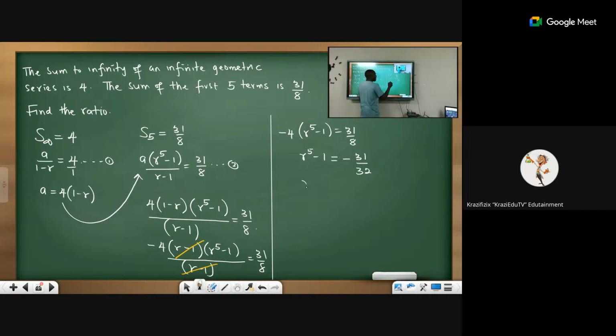Now, can I move the 1 over? And that would be 1/32. Now, what is R? It is the 5th root of 1/32.